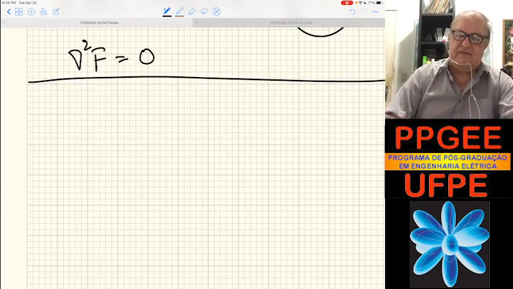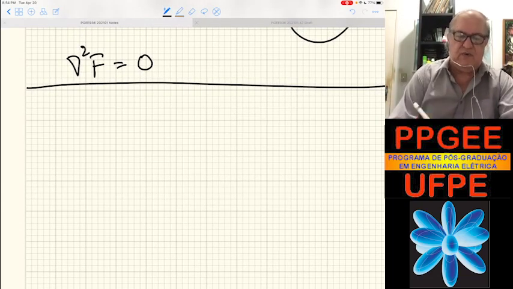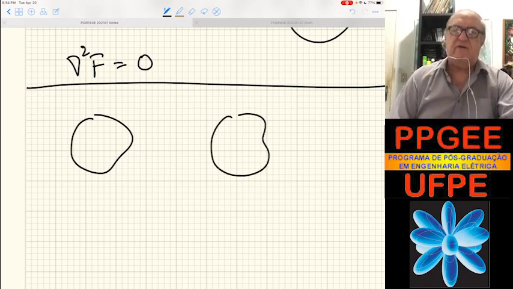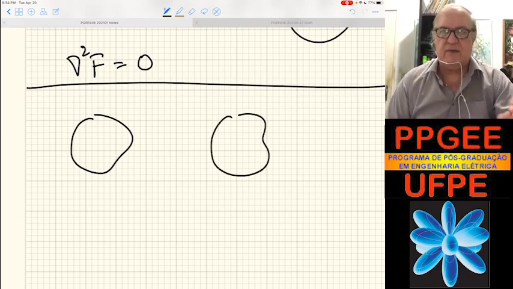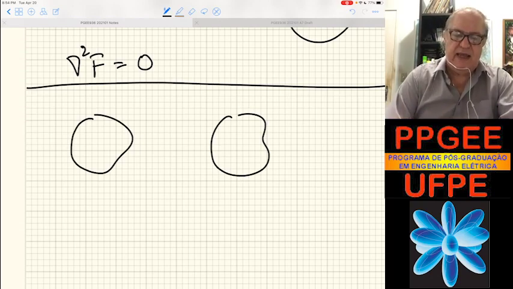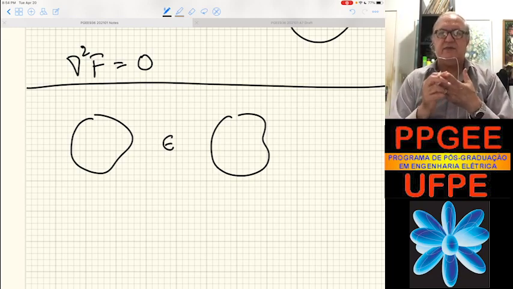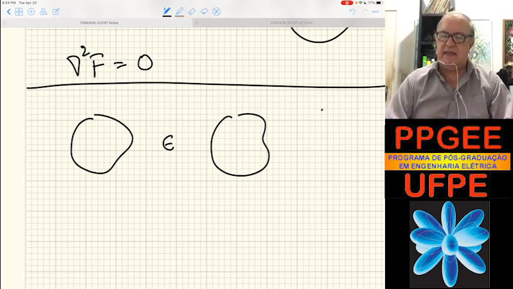So in general, for two electrodes, the formal method is to energize the system. Capacitance doesn't depend on the potential difference. It doesn't depend on the amounts of charge because the system is linear.